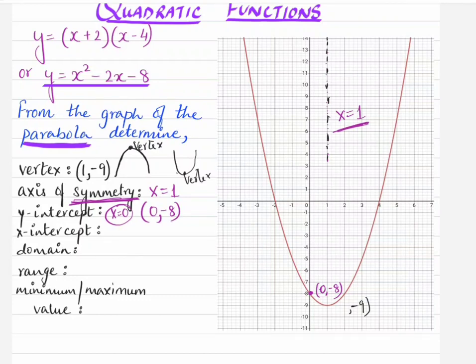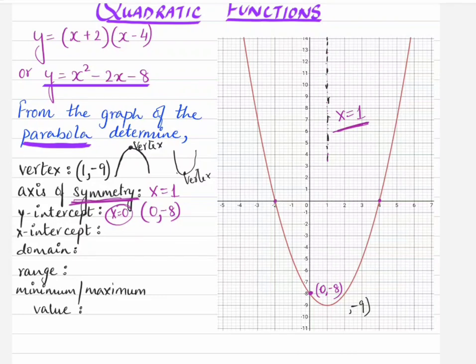Then you have x-intercepts. In the case of x-intercepts, the y value is 0. We will find the x-intercepts where the curve intersects the x-axis.